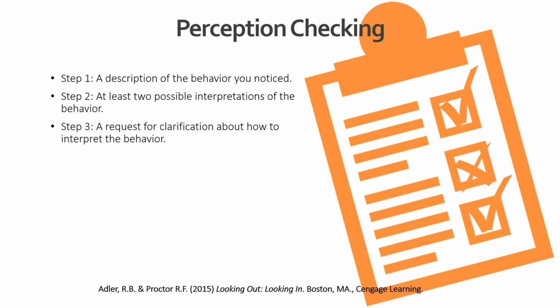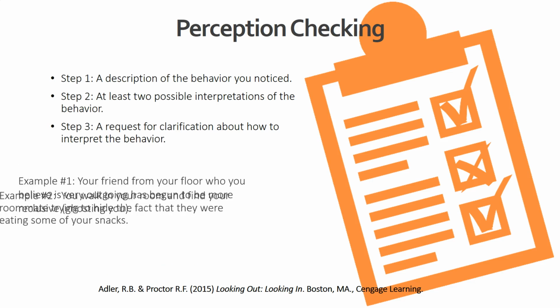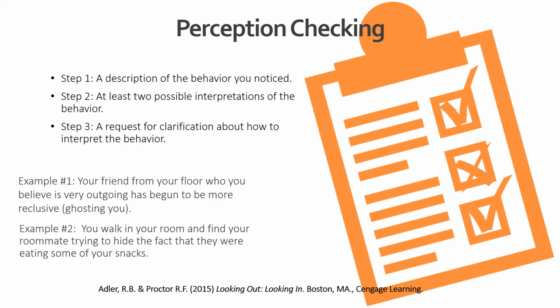Step one, I've got two examples here. Let's say your friend from your dormitory floor, who you believe is very outgoing, has become more reclusive or is ghosting you, and you're kind of concerned. Instead of getting angry, this is what you do.